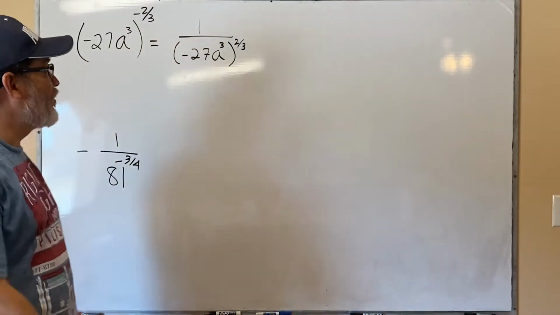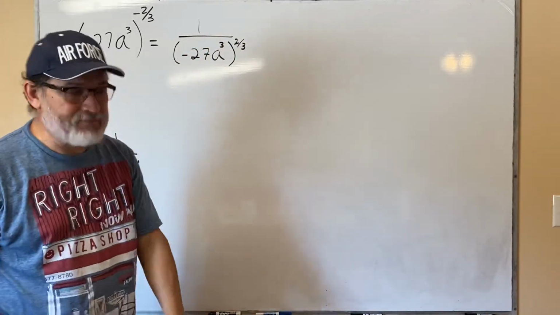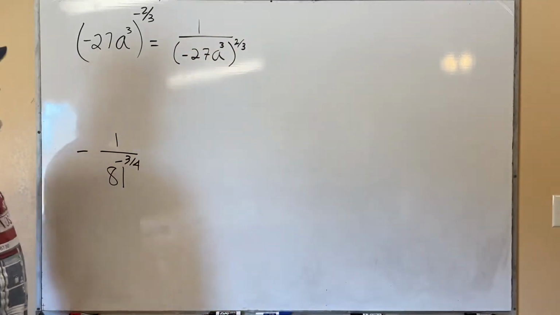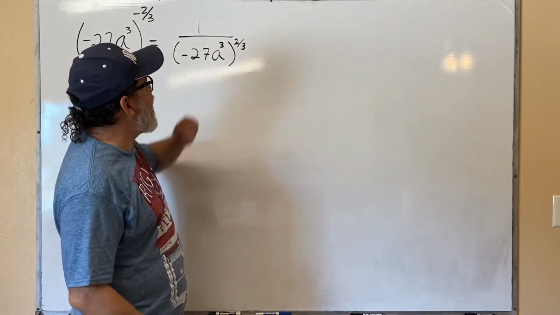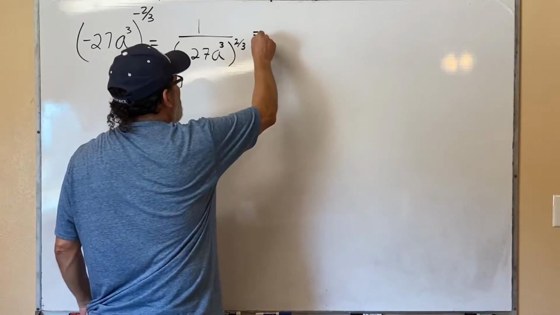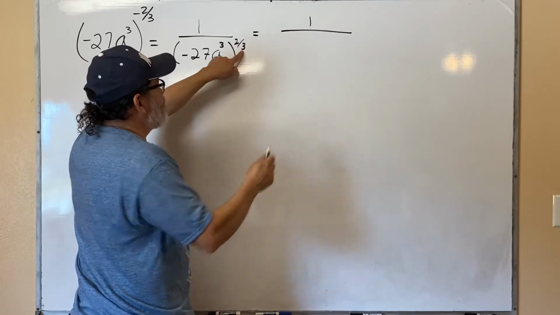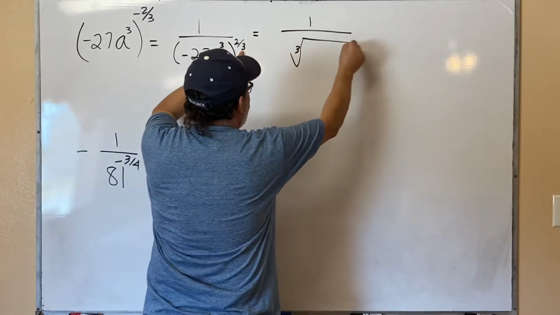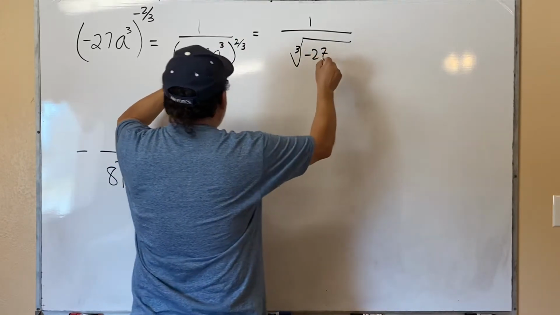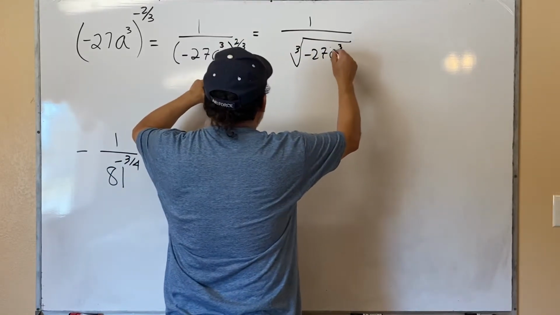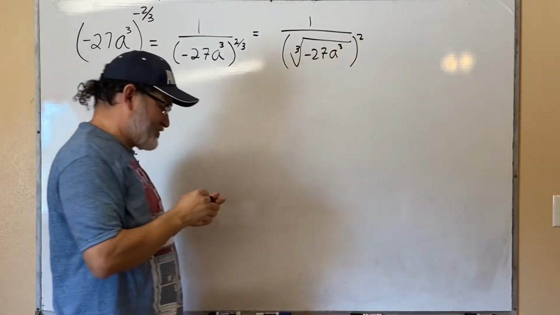And so now this became positive. And now I can apply the rule. This is the index, this is the power. So this becomes 1 over the cube root of all of this, negative 27 a to the third, and this is raised to the second power.